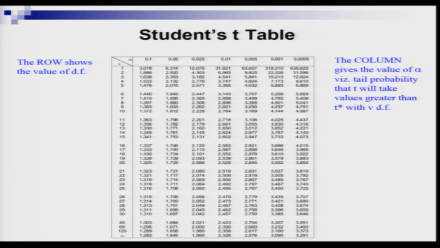Each and every cell that you see for a corresponding row and the choice of alpha, these are not probabilities. You can very well see that these are not fractional numbers bounded between 0 and 1. These are basically the values of the t variable on the t axis. So, these are the cut points, you can say, on the t scale.